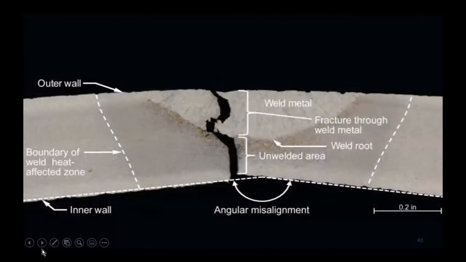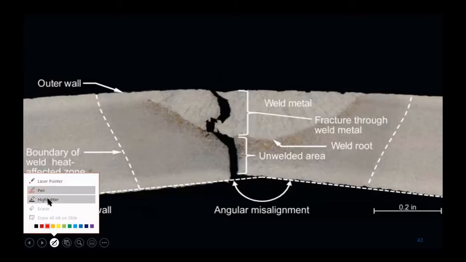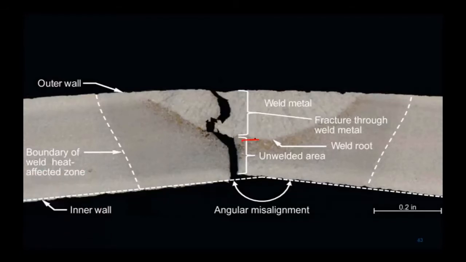This is the area that was left without being welded. This is a substandard and poorly welded pipe section.